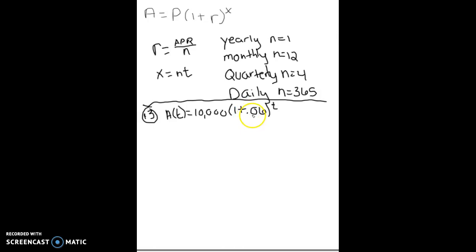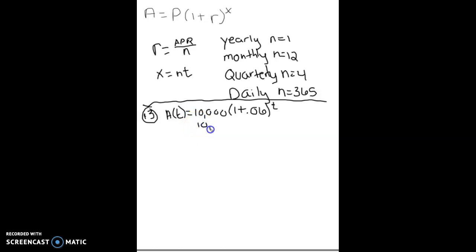Now, it's just 0.06 because it's just flat out 6% annually. The problem says annually. So n is 1. So we actually don't have to put it over 1 because that means the same thing. So that one will be done.